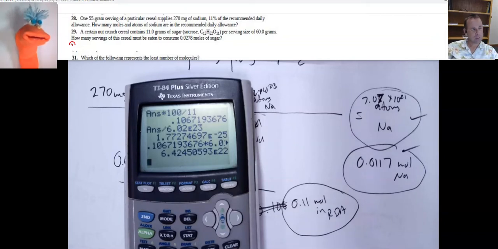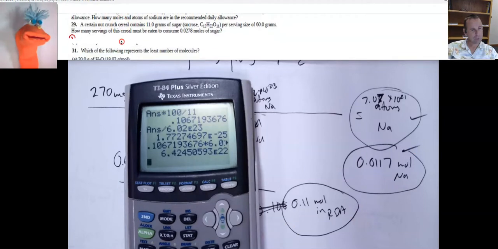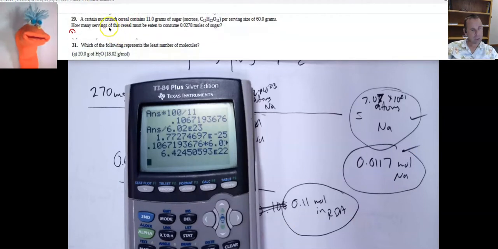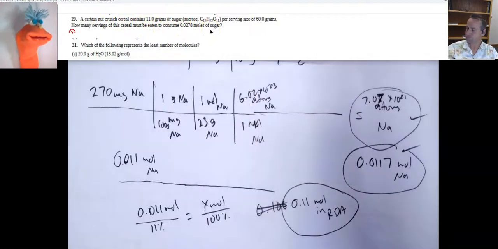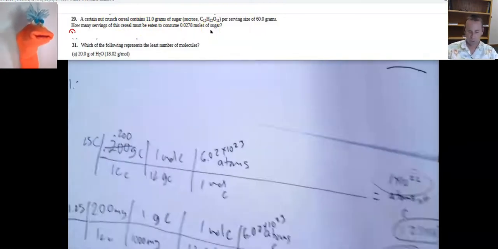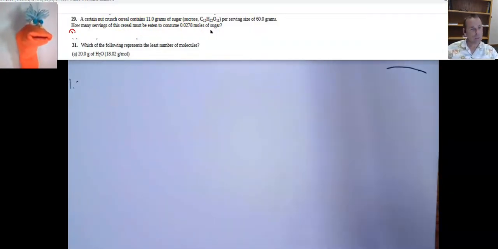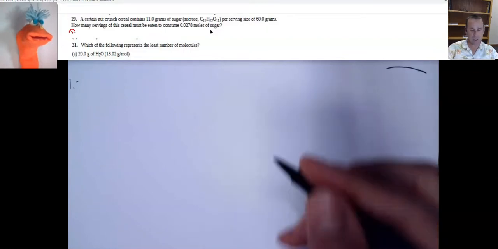Okay, good. A certain Nut Crunch cereal contains 11 grams of sugar per serving size of 60 grams. How many servings of the cereal must be eaten to consume that many moles of sugar? All right, so how many serving sizes of 60 grams must be eaten to get 2.78?